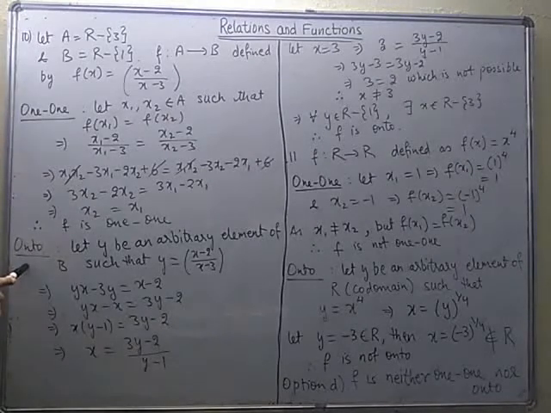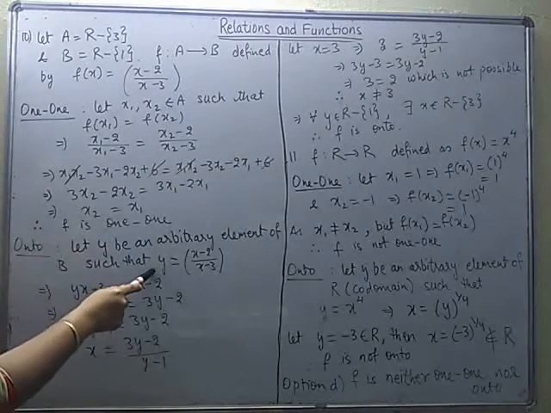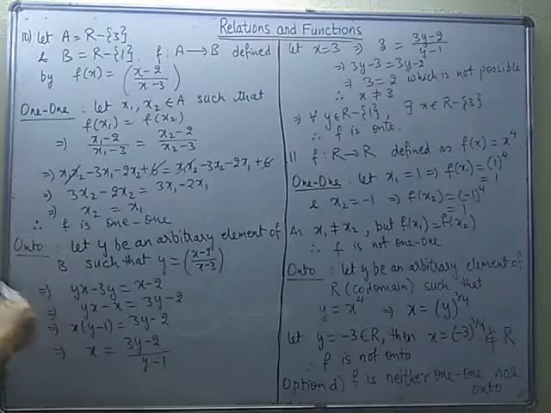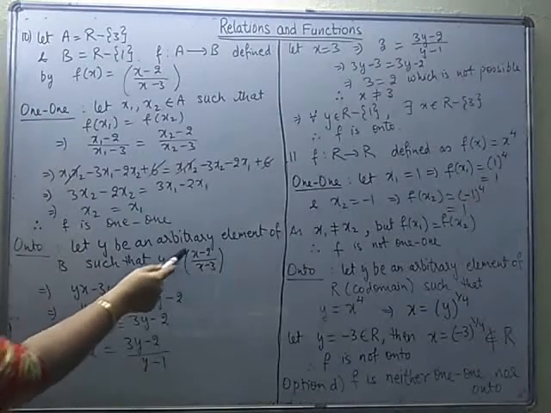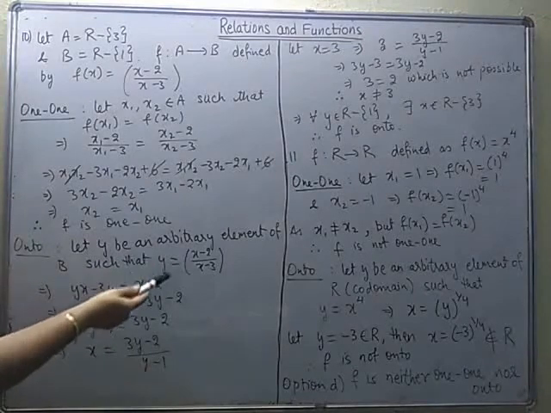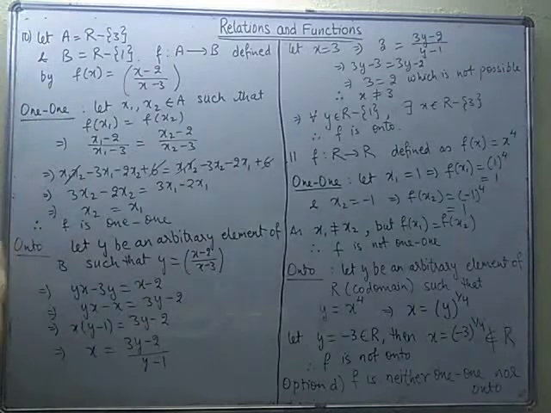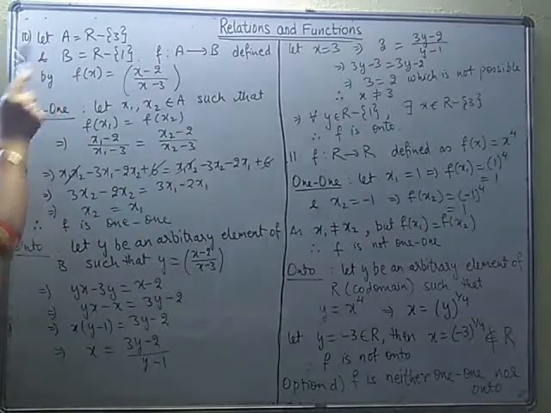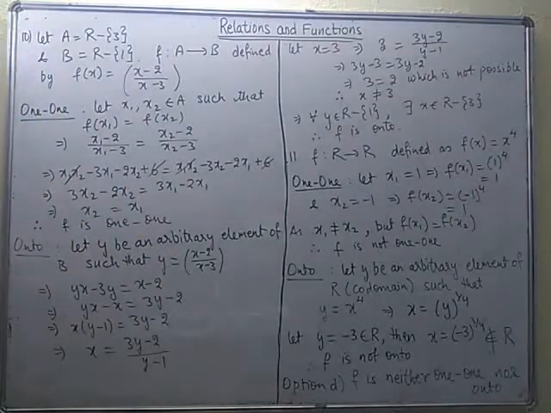Then checking for onto, we can take an arbitrary element in the codomain y such that it is the image of x. So if y is the image of x, then we can write y is (x minus 2) over (x minus 3). We are only checking, for any value of y from the set B, is x also coming out to be an element from set A or not?